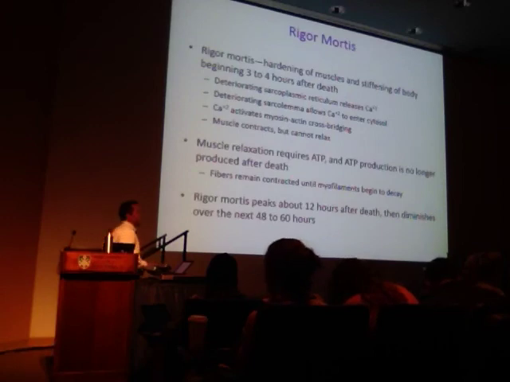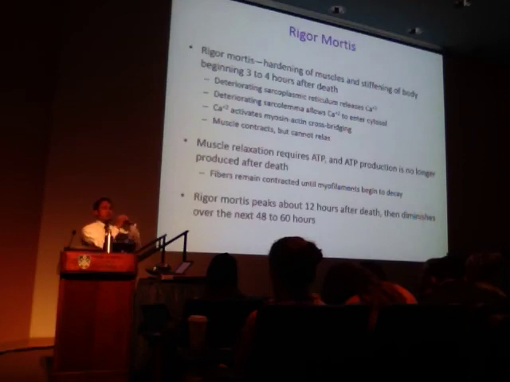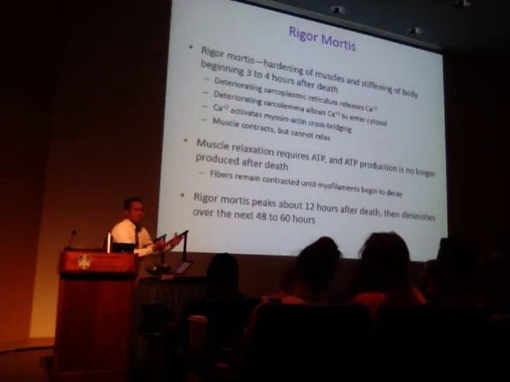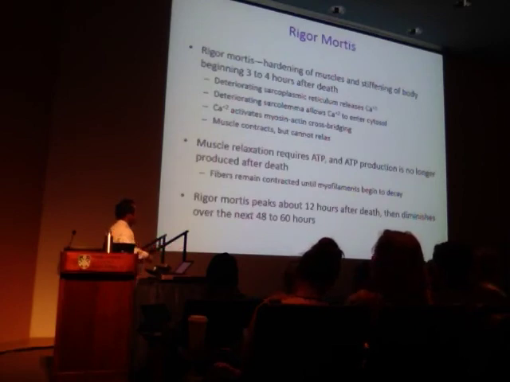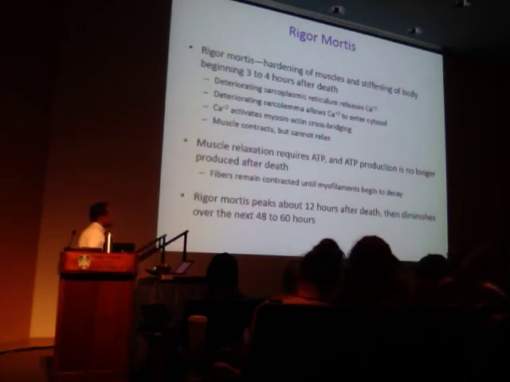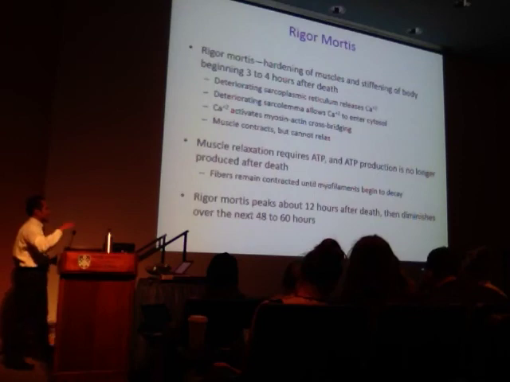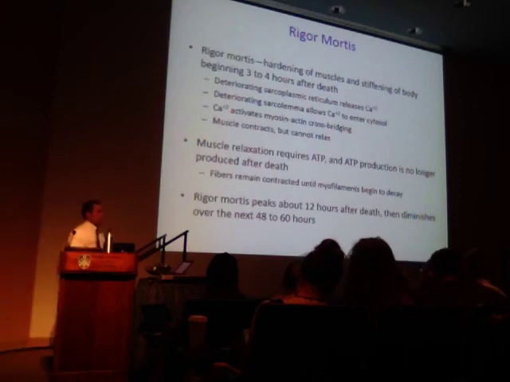The fibers remain stiff and contracted until those proteins start to deteriorate, and they will eventually. That linkage won't break until somewhere on the myosin head it fractures off and deteriorates. Okay? So at about 12 hours after death is where it peaks, and then it fades over the next 2 to 3 days.